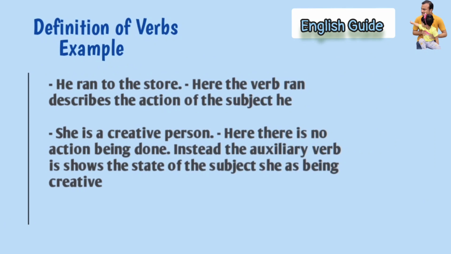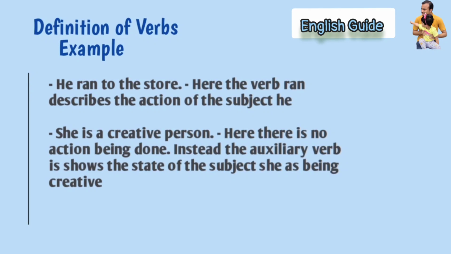Like, he ran to the store. Here the verb describes the action of the subject. Okay, he ran to the store, and she is a creative person. So here there is no action being done, right? এখানে কোনো অ্যাকশন নেই, কিন্তু the auxiliary verb shows the state of the subject.